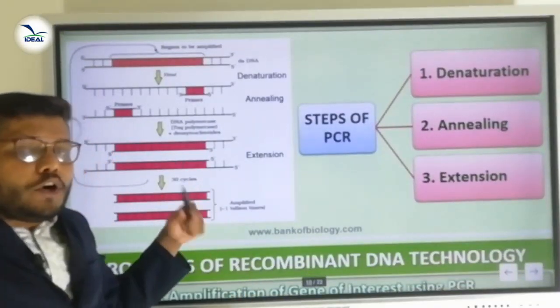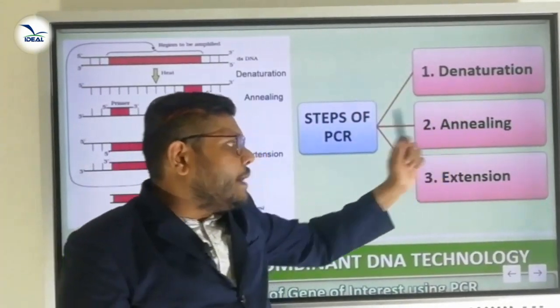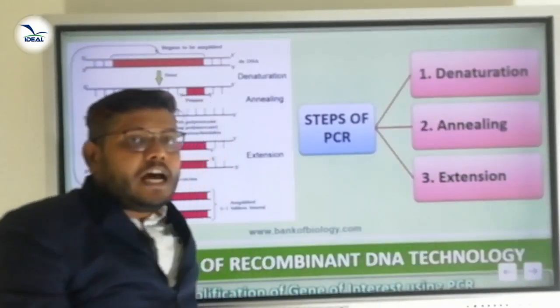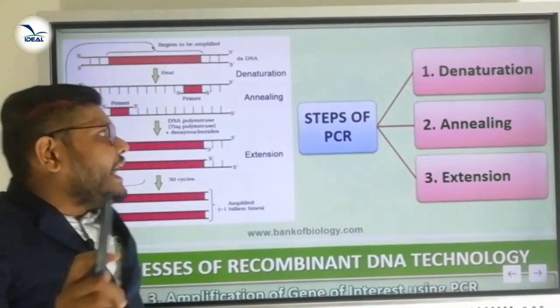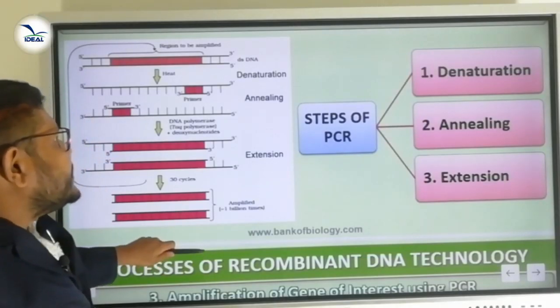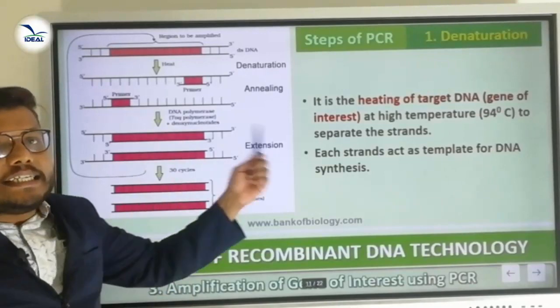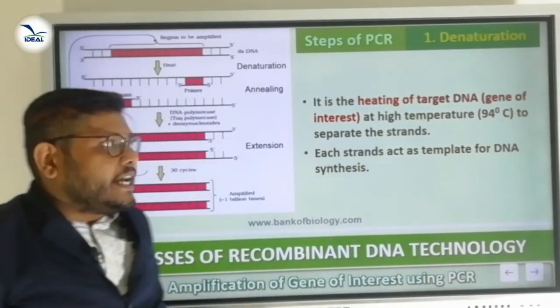The steps involved in the process of PCR: the first one is denaturation, followed by annealing and extension. These are the three important steps involved in the process of PCR. What is denaturation? It is the heating of target DNA at high temperature to separate the strands.